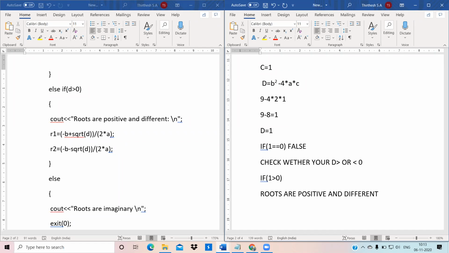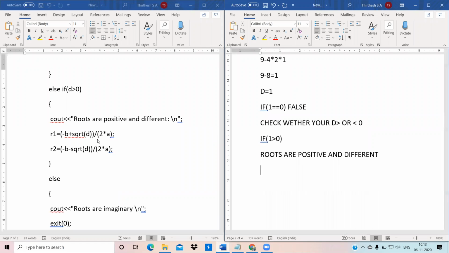So what you're going to say? You are going to say that your roots are positive and different. So for this we are going to apply the formula called minus b plus square root of d divided by 2 into a.